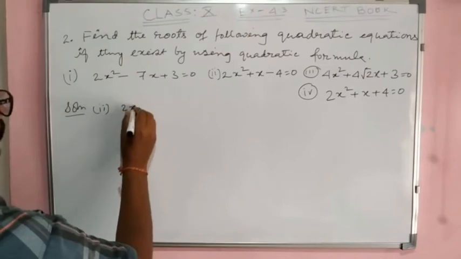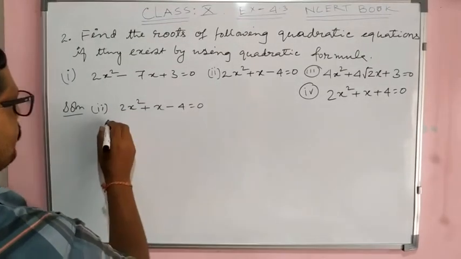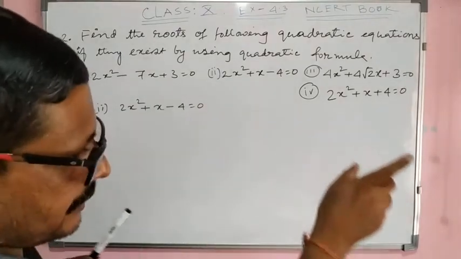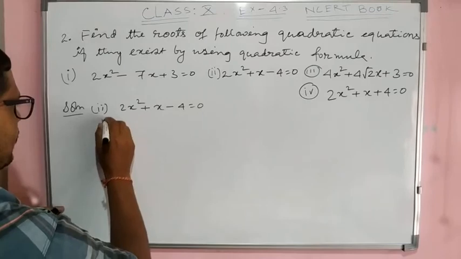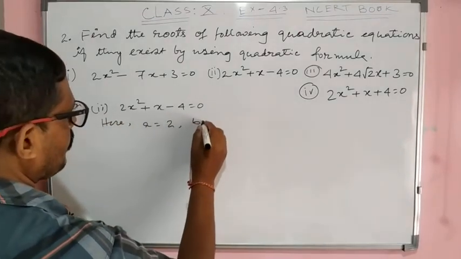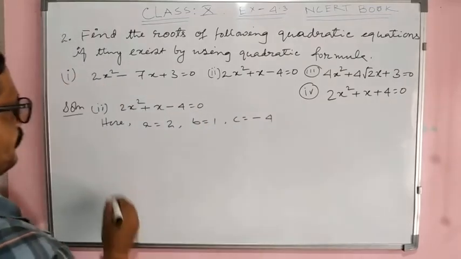Solution, question number 2: 2x square plus x minus 4 equal to 0. The equation is already in standard form. So here we get a equal to 2, b equal to 1 and c equal to minus 4.